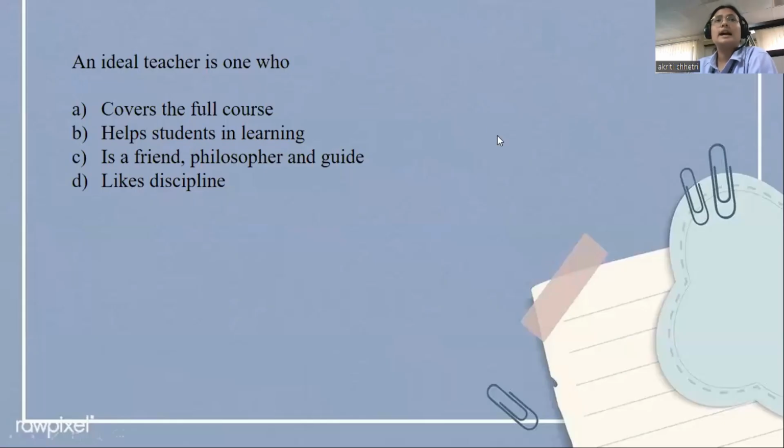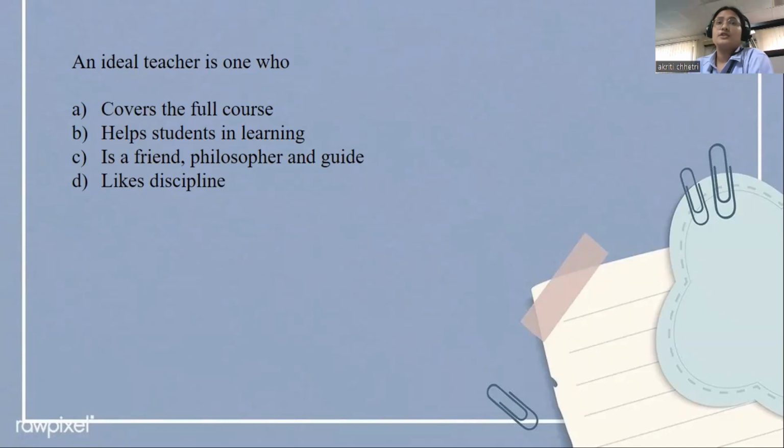Next, an ideal teacher is one who covers the full course, helps students in learning, is a friend, philosopher, and guide, and likes discipline. Here again, the options are correlating with each other, but we have to go with the most appropriate one. So covers full course, yes, an ideal teacher covers the full course. Helps students in learning, yes, because the motivation from the teacher is a must.